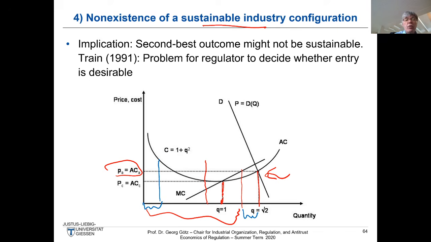So the cost of the one firm would be this here, and the other firm would be this here.